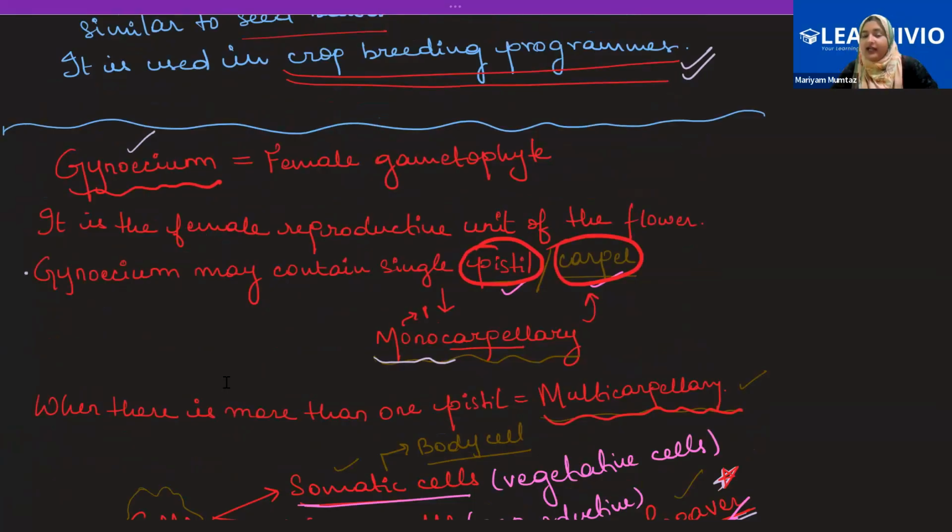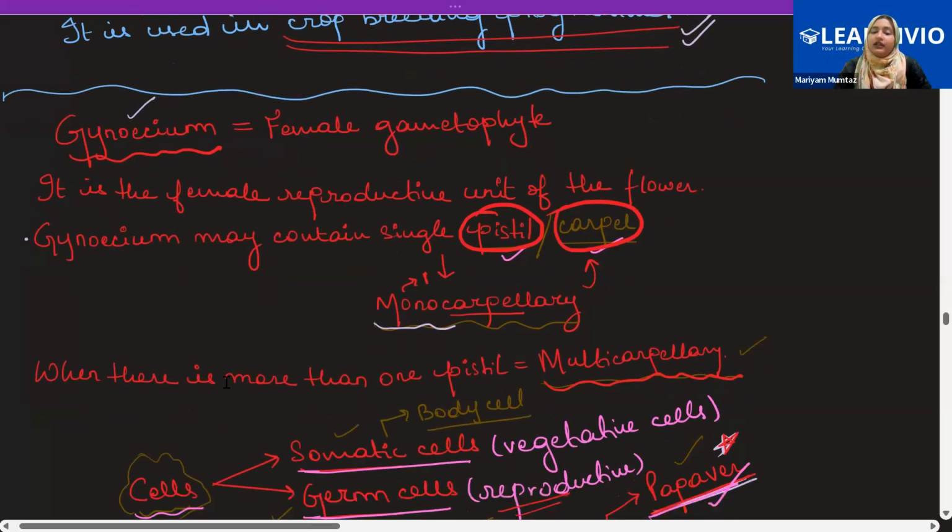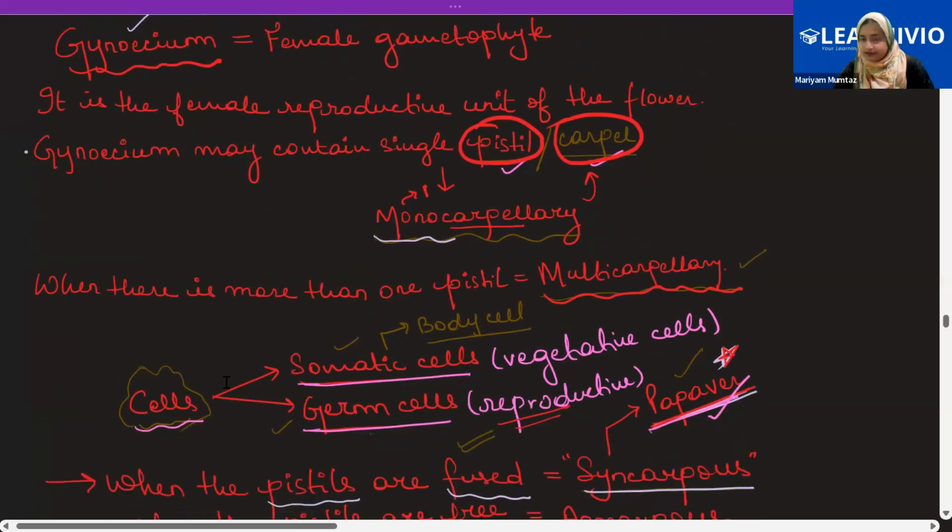Mostly in a flower, there can be one pistil or there can be multiple pistils. Accordingly, if a flower has just one pistil, we call that flower monocarpellary. And if the flower has more than one pistil present in it, we call it multicarpellary.